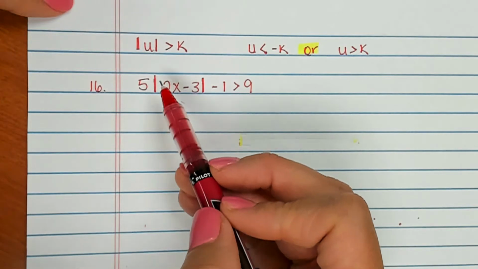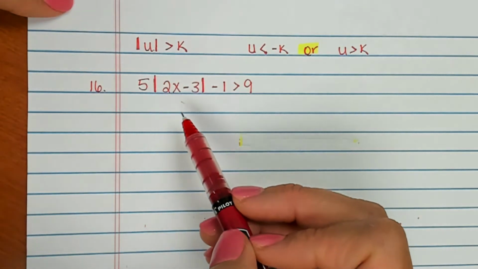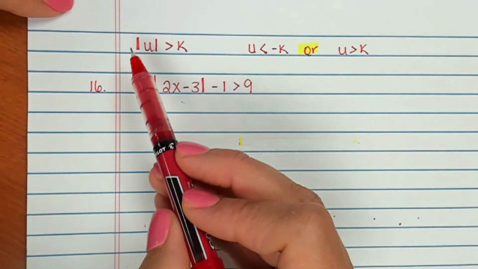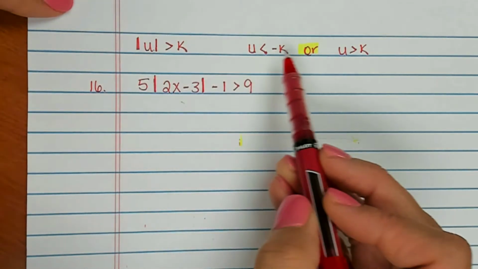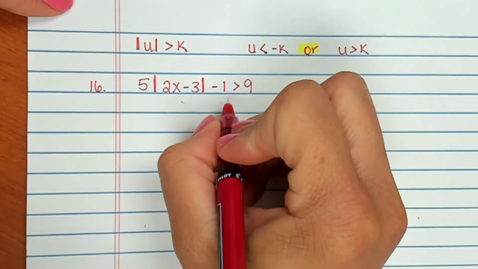What I need to do is isolate this absolute value so that this inequality is in this form, so that I can apply this rule.